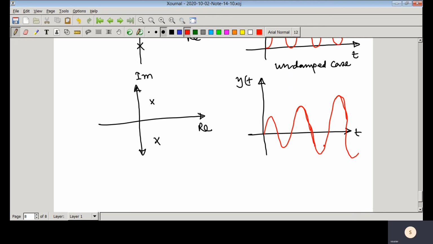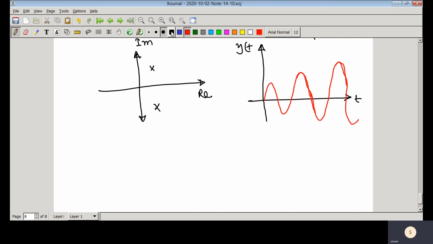And then what happens if it has two unstable poles but they are on the real axis? So this is real and this is imaginary. This is the complex plane, and you have two unstable poles on the real axis.